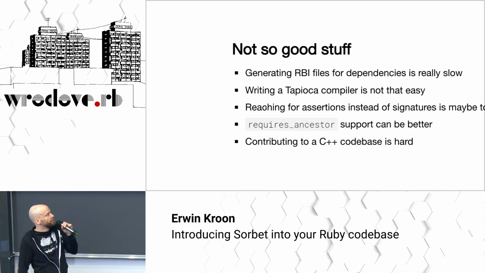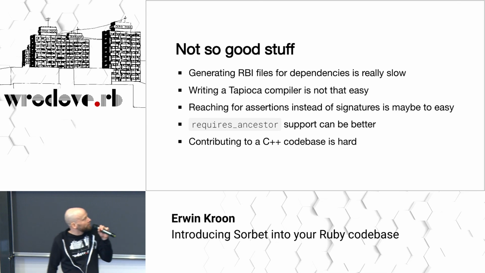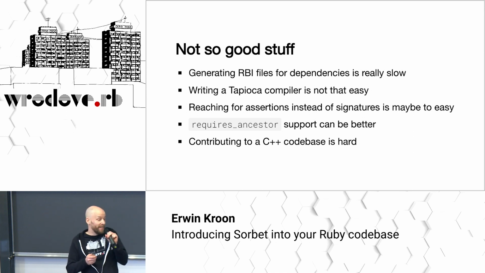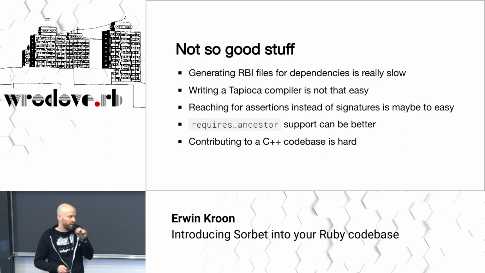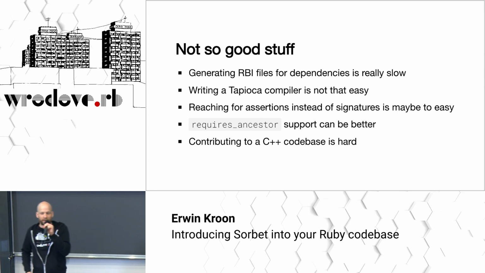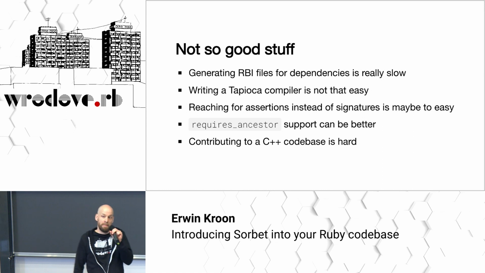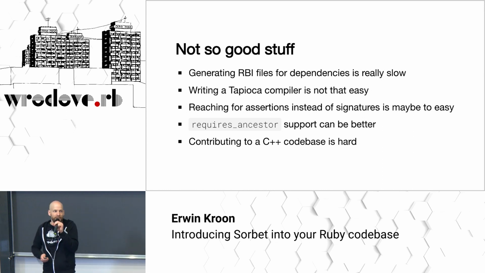So what's not so good? Generating the RBI files for your dependencies is really slow sometimes. You start a new project, you forget to disable the Rubocop gem in the config of Tapioca, and you can wait 10 minutes, get a coffee, maybe it's done, and then it also generated some errors in the RBI file, so you cannot even use them.